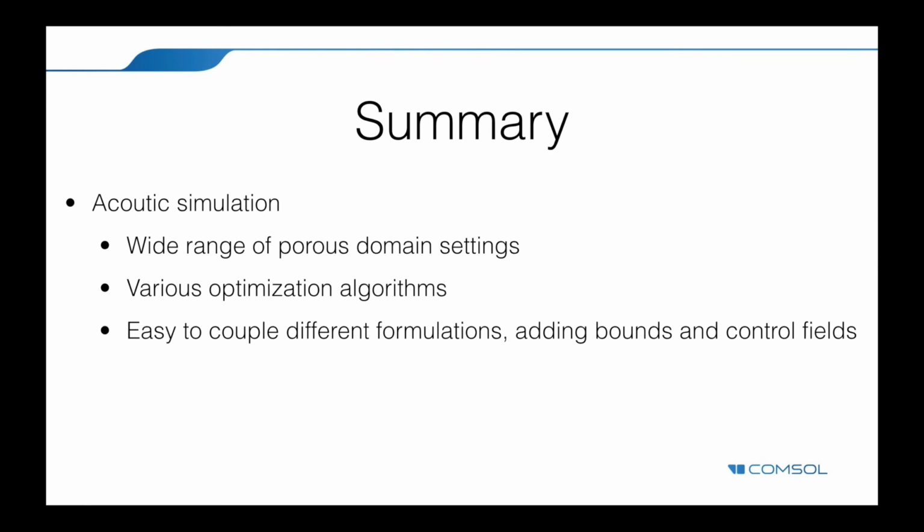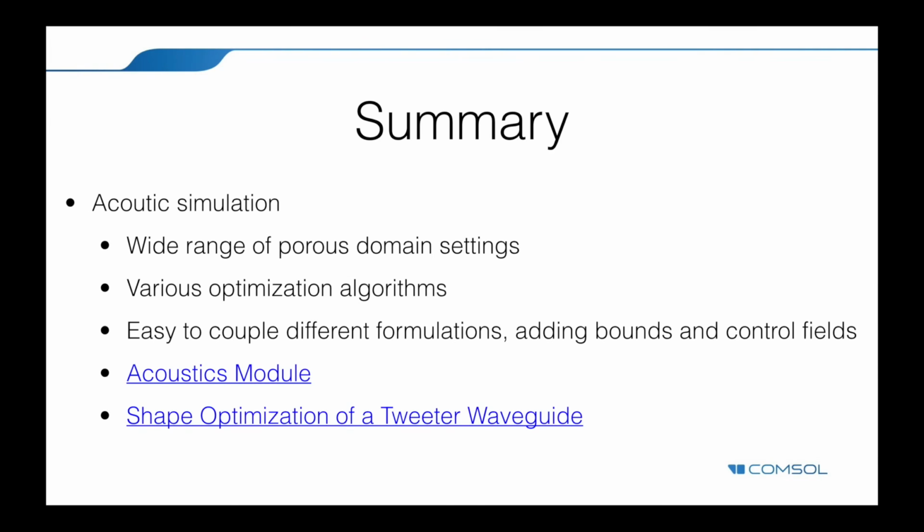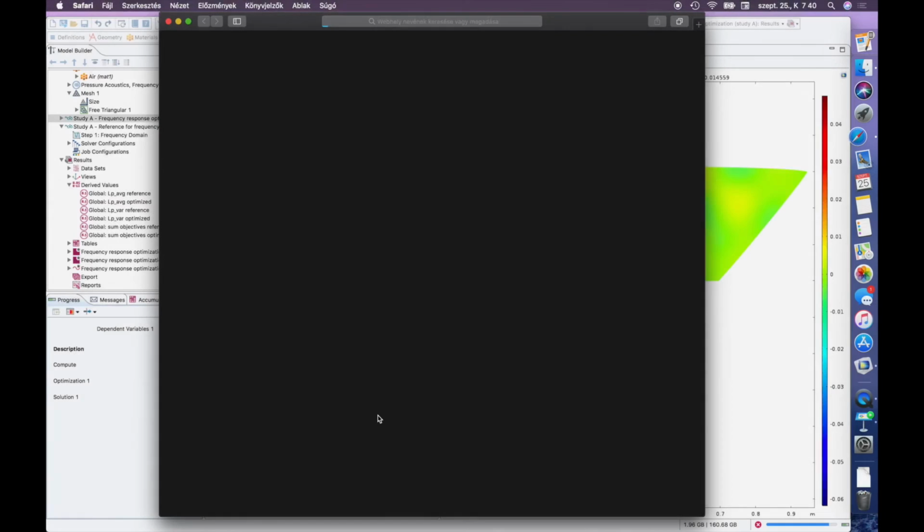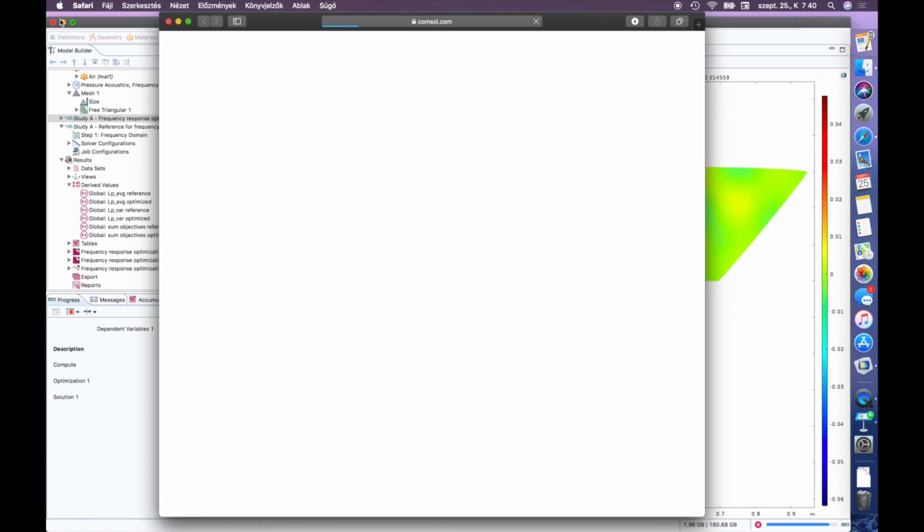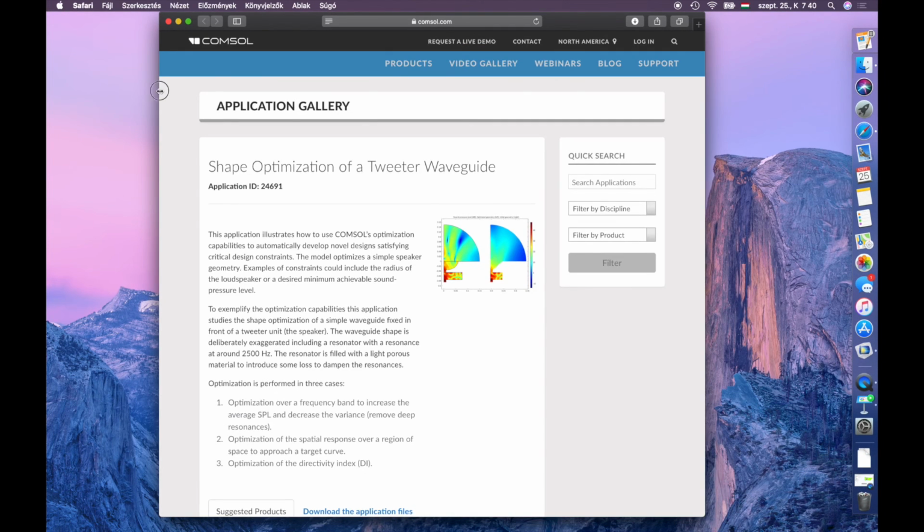You can add bounds, control variables, and as many objective functions as you wish. It's easy to do that. And there is a link to the Acoustics module, and there is also a link to this shape optimization of a tweeter waveguide, which is a much more sophisticated and complex model.